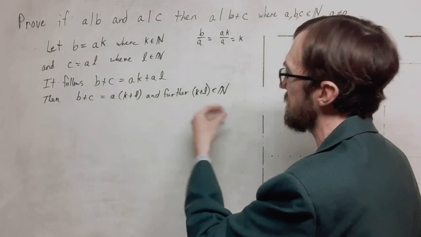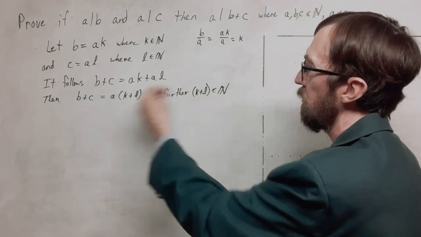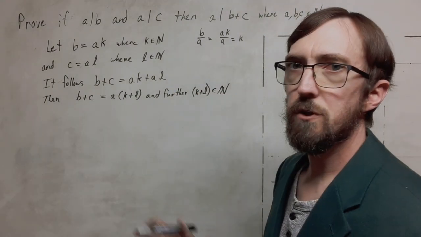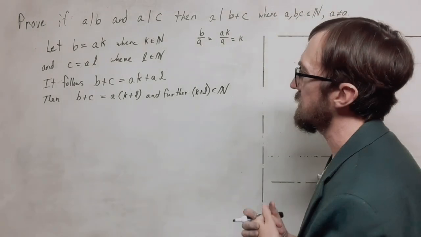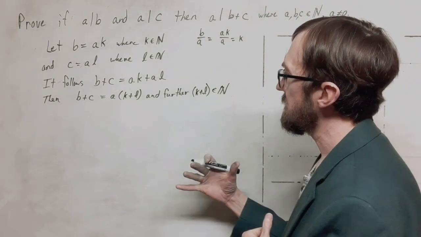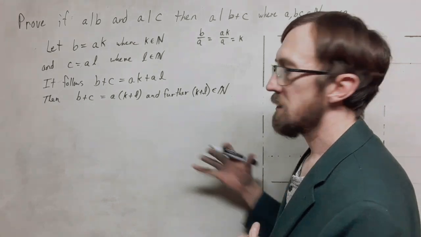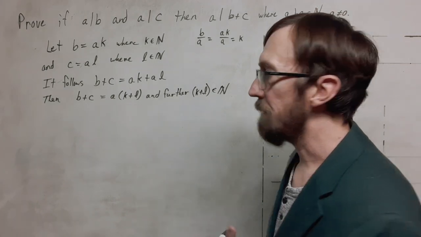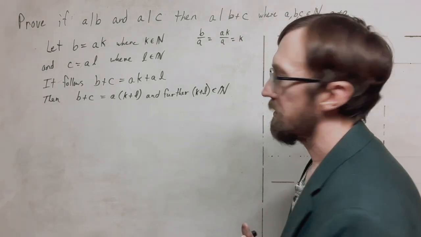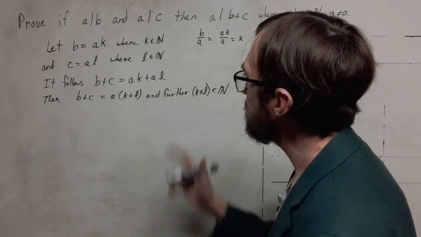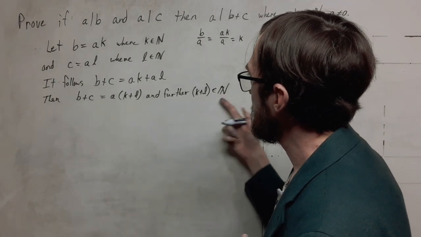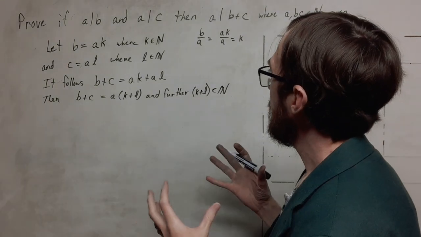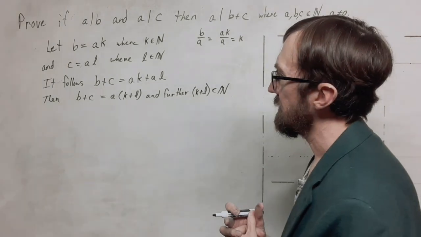This demonstrates closure for addition of the natural numbers, and that's a separate concept which you could go into further discussion with or study with. If you study contemporary algebra, that is certainly a very important topic when you look at algebraic structures. But for now, we're just going to take this as we understand that when you take two counting numbers and put them together as addition, you're going to get another counting number.